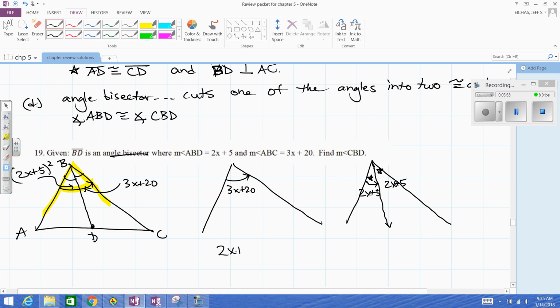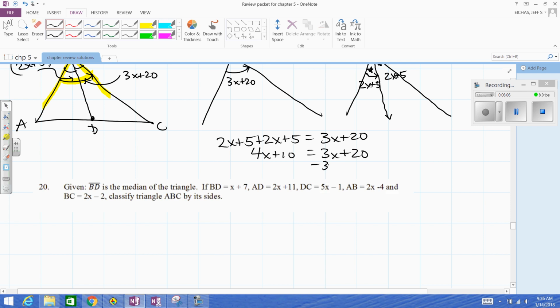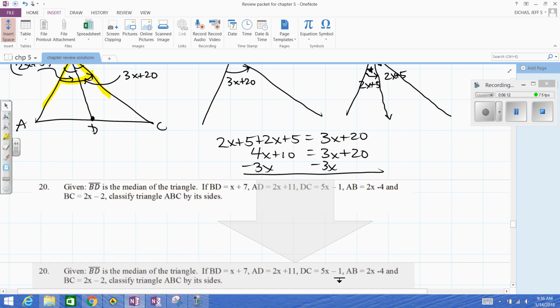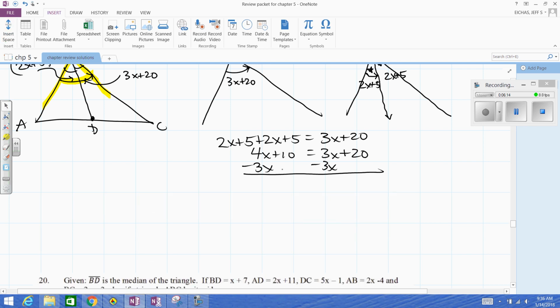So two of those 2x plus 5s is the same as the 3x plus 20. Combine like terms, and then continue with your algebra. Okay, that's going to be 1x. Okay, so x is 30.